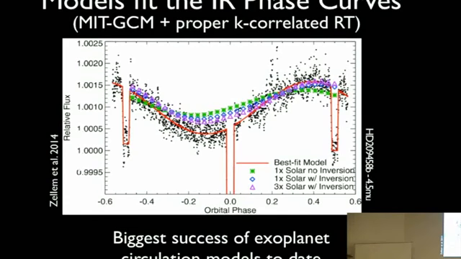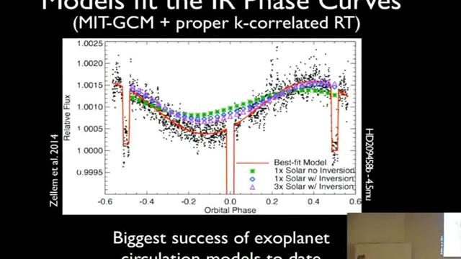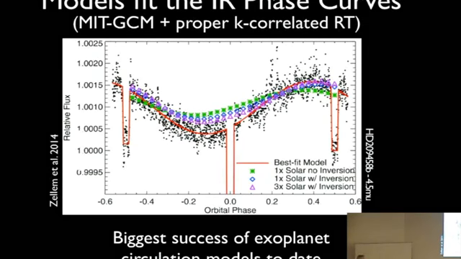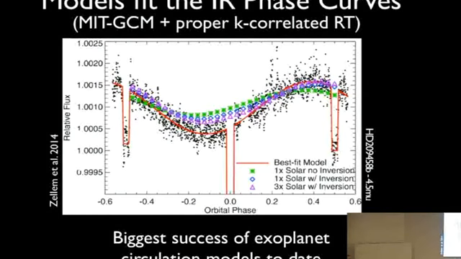And so now, using, I think, the most advanced model out there, using this SPARC/MITgcm, this group is able to fit this infrared phase curve, getting about the right time at which you get the max of infrared emission. And in this case, at least, they overpredict the amount of emission on the night side. This might be related to the formation of clouds on the night side.